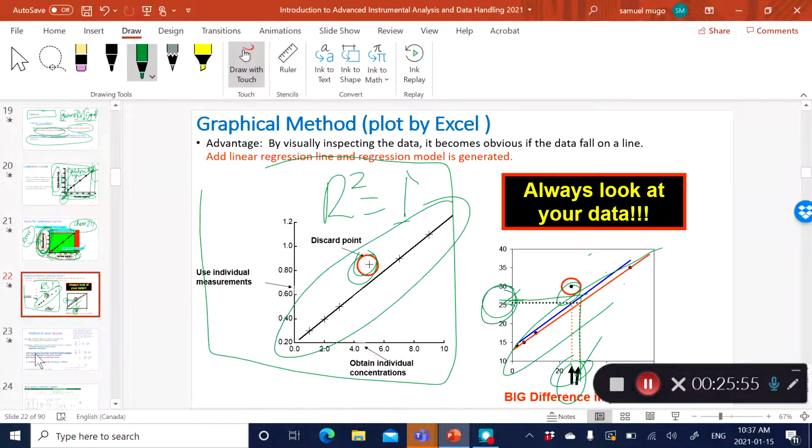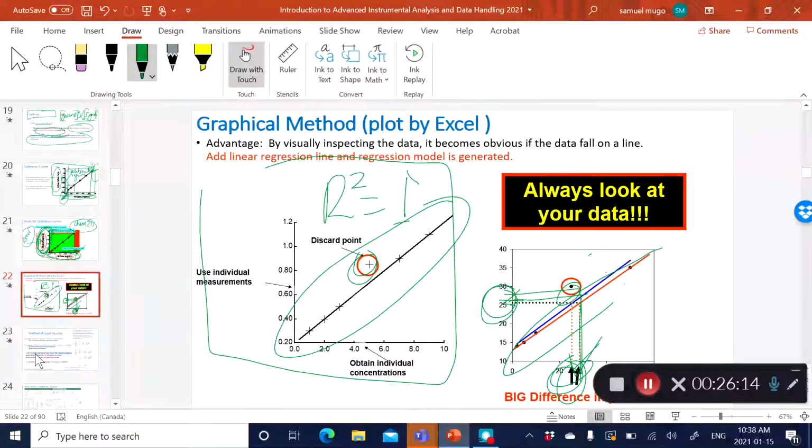You've got the signal of the unknown, and then you use the calibration curve to determine the concentration of the unknown. And so you can see that because you've got that data point here that deviates from linearity, you're going to get very different results.